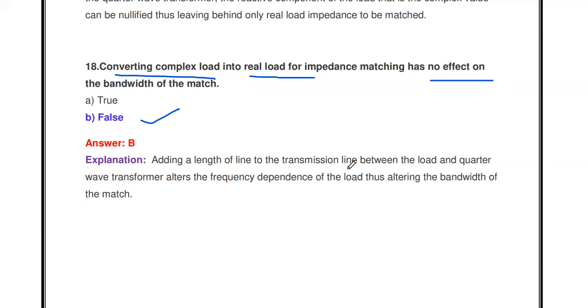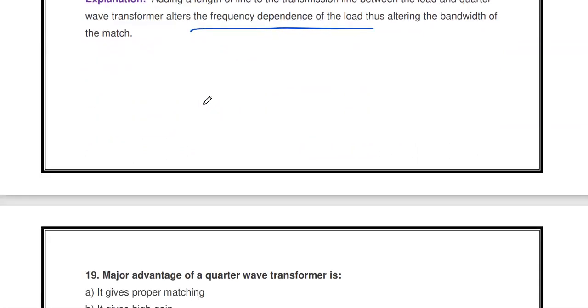If you are adding a length of line to a transmission line, it alters the frequency dependence of the load, so the bandwidth is also altered. So if you are converting complex load to real load, the bandwidth is automatically changed. That's why this statement is false.